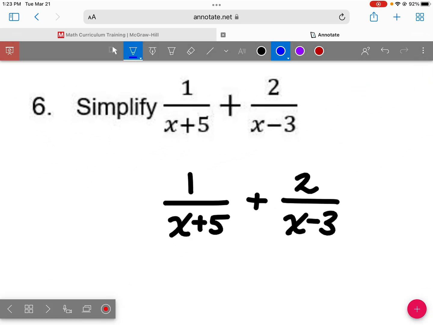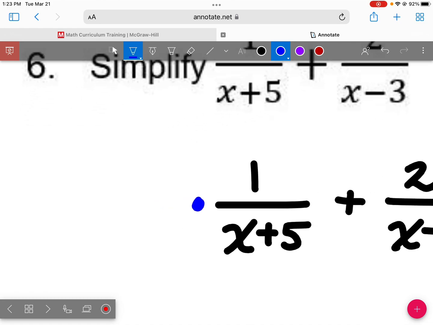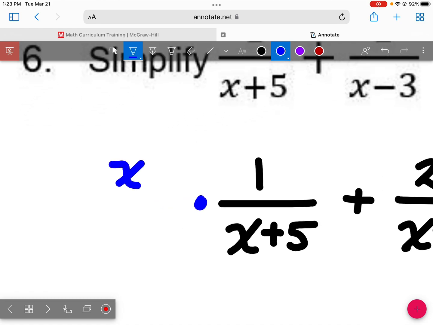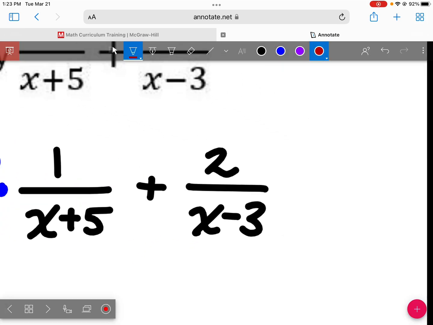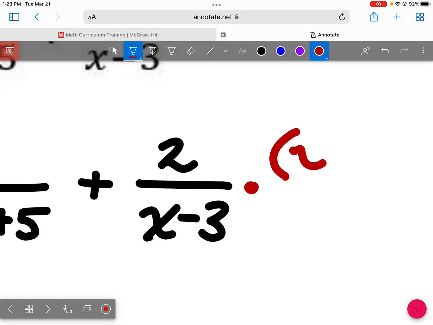That's exactly what I do here. I'm going to multiply the first fraction, top and bottom, by x minus 3. And I'm going to multiply the second fraction, top and bottom, by x plus 5.